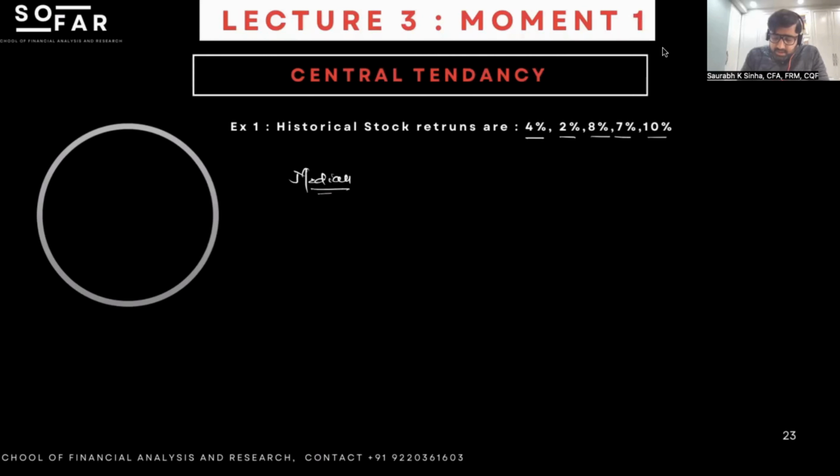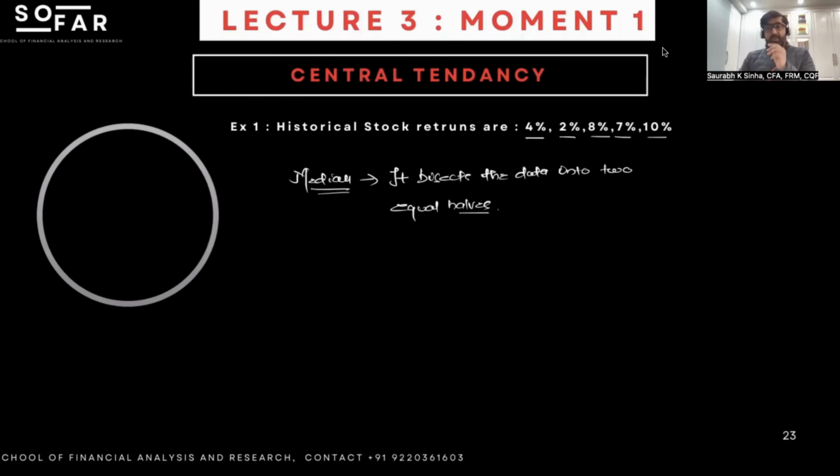So median, in a very simple sense, is a line which bisects the data into two equal halves. That's it. That is median.